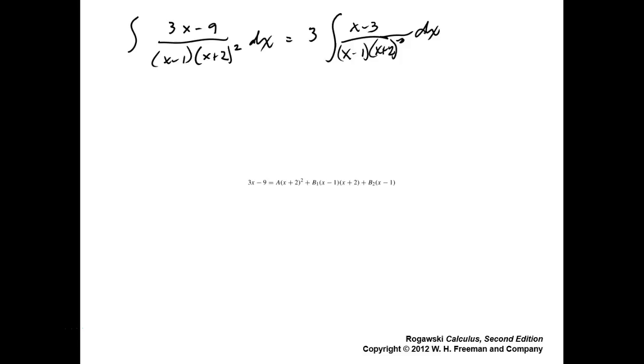So we have a proper form. Let's factor the 3 out, and yes, that's still proper whether you did it or not. There are no common factors: x minus 3, x minus 1, x plus 2. So we can proceed. How do you recommend we proceed? Let's write x minus 3 over x minus 1 times x plus 2 squared. What would be our breakdown of that?